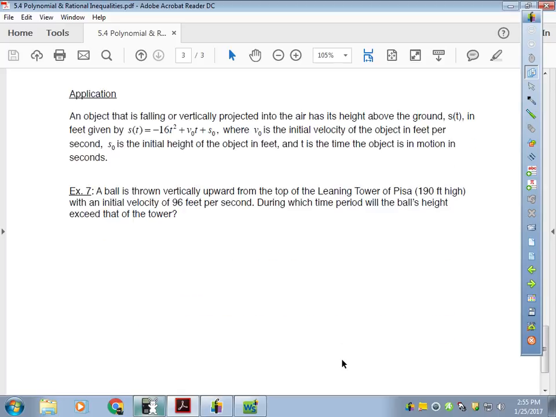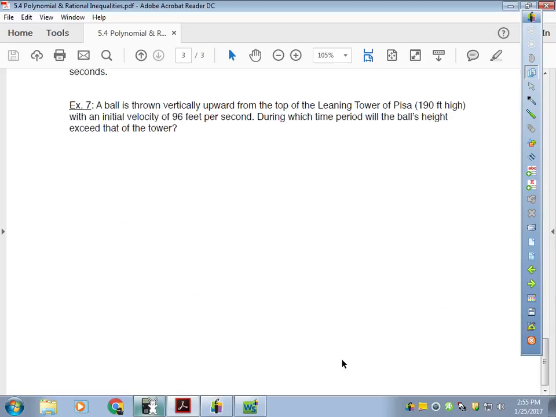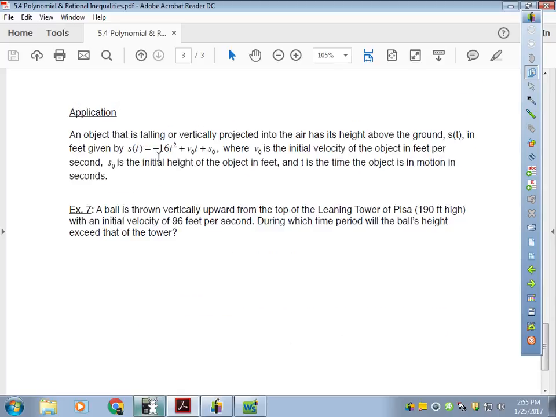We have one last application that we're going to look at, and this requires us to look at this equation. This is the equation that we use for what's called projectile motion, where an object is either thrown or launched into the air. What it says is that your height, s of t, is equal to negative 16 t squared plus v sub 0 t plus s sub 0. V sub 0 is the initial velocity, how fast you throw or launch the object.